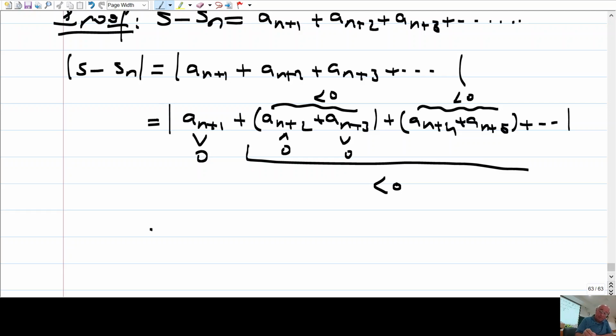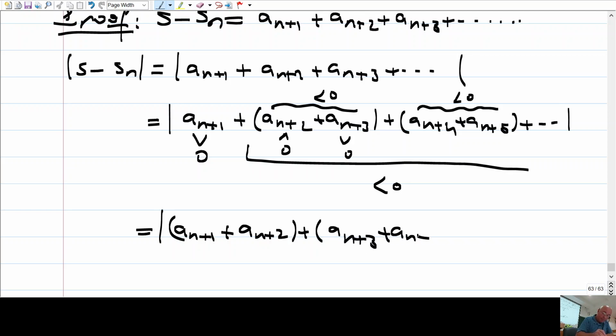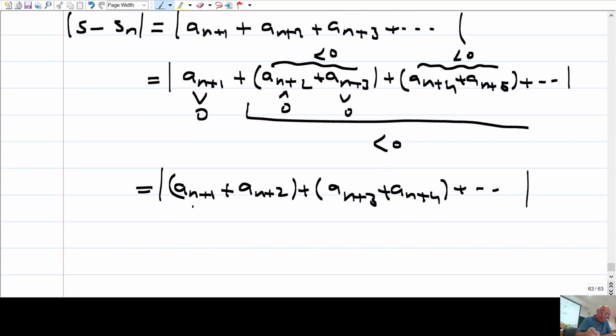However, I can write it this way also: an plus 1 plus an plus 2 plus an plus 3, plus an plus 4, and so on. And this time you see what? This was positive, this was negative, but this was bigger in magnitude, so this is positive. Each term is positive. So this infinite sum is positive.